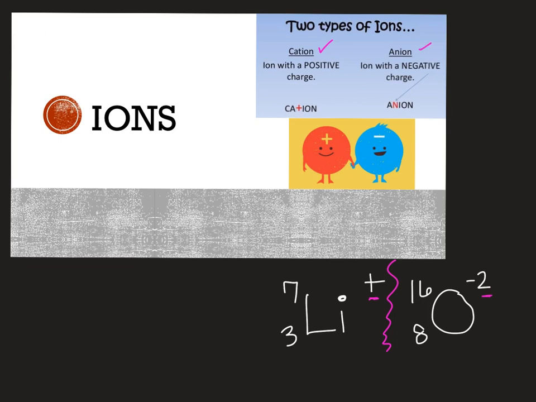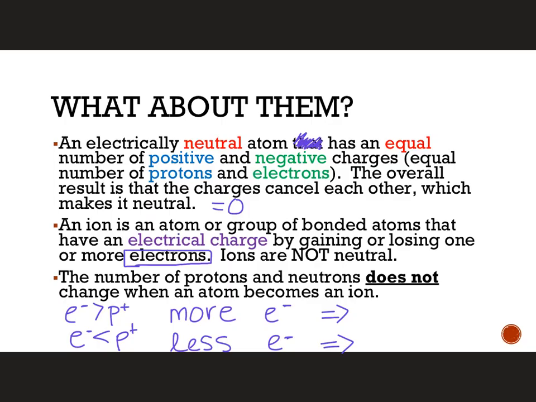An easy way to remember that is that a cation has a T in the middle, which looks like a positive sign. Anion has an N in the middle, which should remind you of a negative charge. So, what is this definition? An electrically neutral atom has an equal number of positive and negative charges.